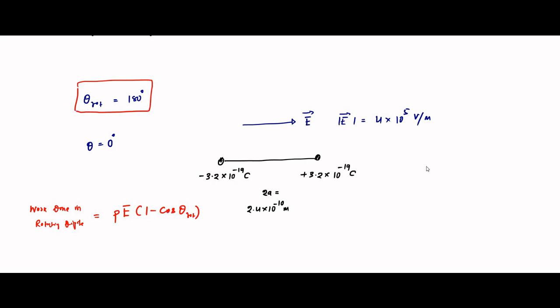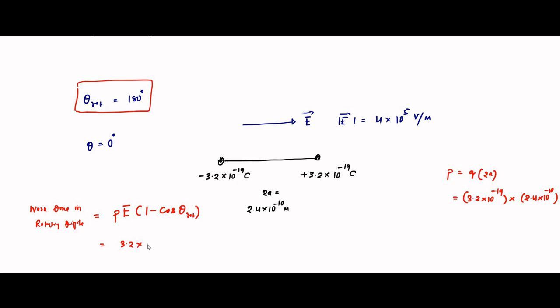So here dipole moment P is equal to q into 2a, which is equal to 3.2 into 10 to the power minus 19 into 2.4 into 10 to the power minus 10, then 1 minus cos 180 degree.